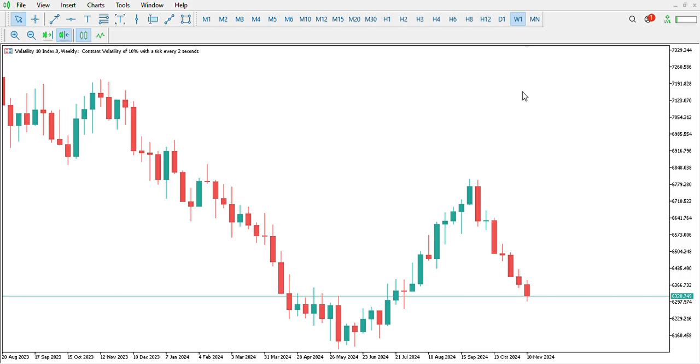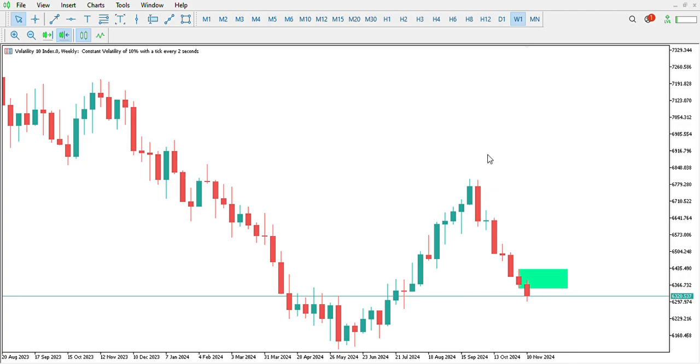So I'm saying the body should be closing below the previous week's body. What I'm trying to mean is here. This is today's candlestick, and this is the previous week's candlestick, and you're seeing today's candle.